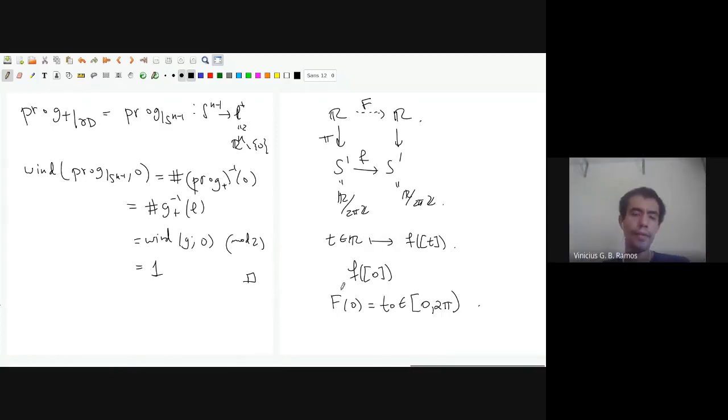And now that equation is almost like a tautology from here, because f of 2 pi is going to have to be t0 plus k times 2 pi, right? Because they have to be in the same class. When you project down here, they have to be in the same class. And this is the k that I said before.